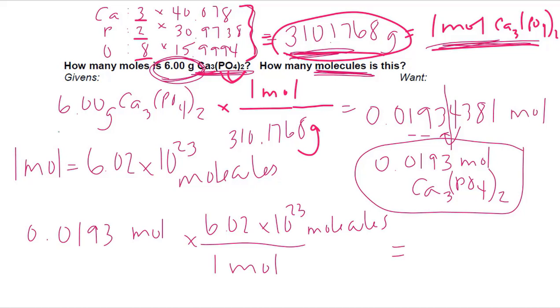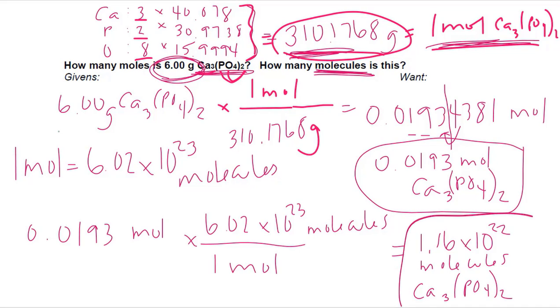And my calculator tells me that it is, again to 3 sig figs, 1.16 times 10 to the 22nd molecules of calcium phosphate. Make sure you are labeling all of these. Make sure you're watching significant figures, and make sure that you are using the right conversion factors.